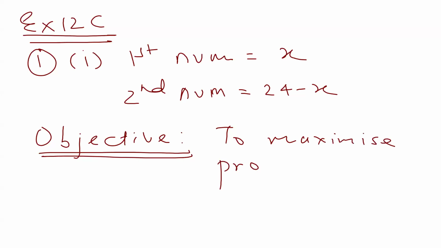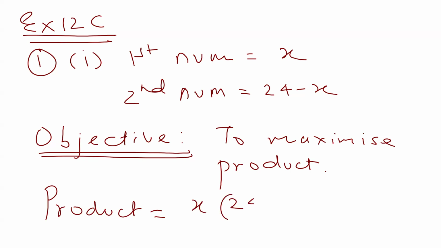Now, product of what? Product of certainly the first number and the second number. So I'll just calculate the product first. The product is a very important thing in this particular problem. So the product of the first number and the second number is equal to 24x minus x square.